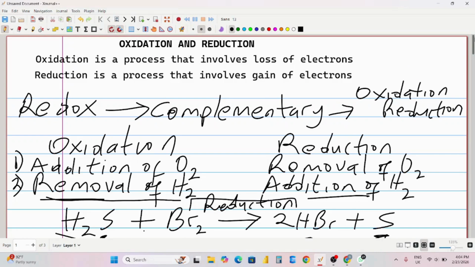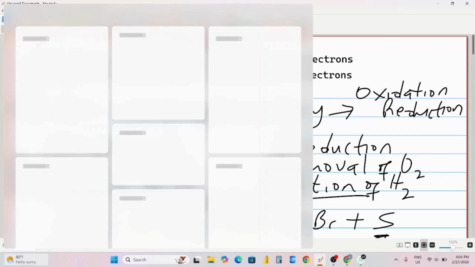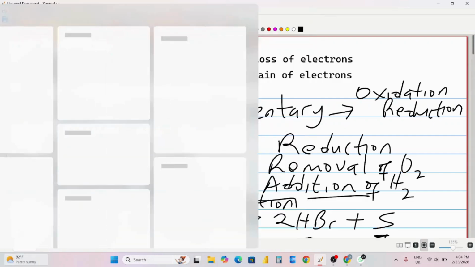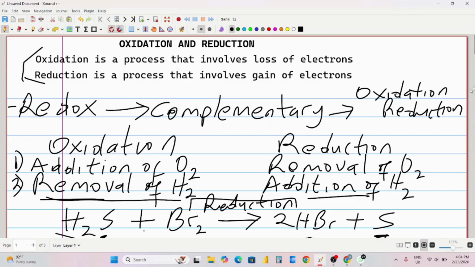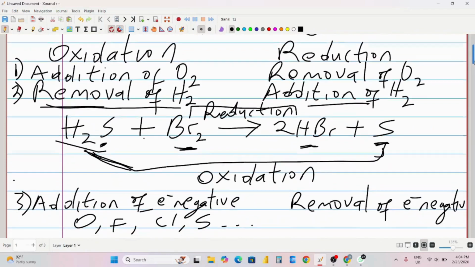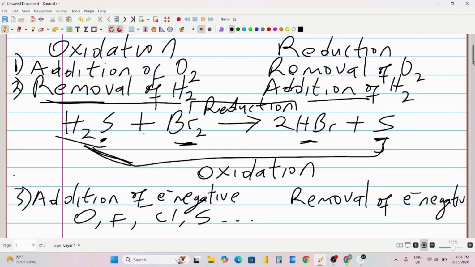We've gotten the definition, we've gotten the relationships, and then we're trying to look at the difference with respect to how they ask questions on it, and some questions will be displayed shortly for us to answer together. So we said oxidation, addition of oxygen, while it is removal of oxygen here.